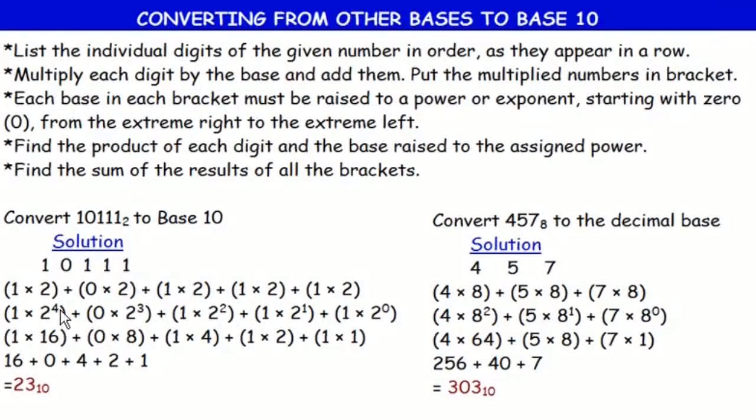Then you pick each digit and multiply it by the base, and put them in brackets. When I pick this one, I multiply by the base, which is 2, so 1 times 2.